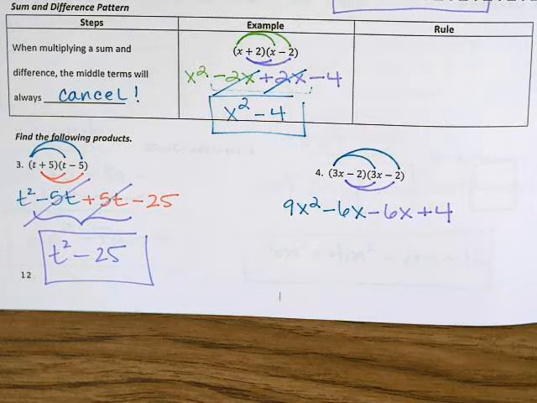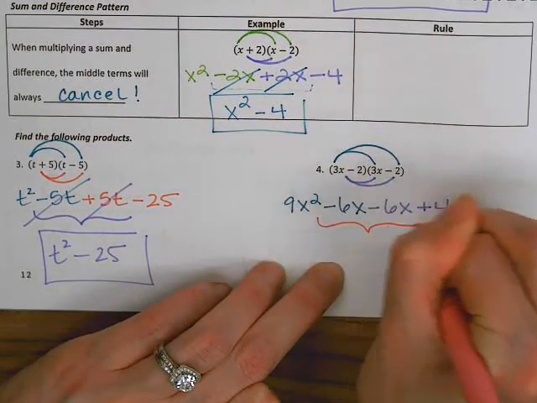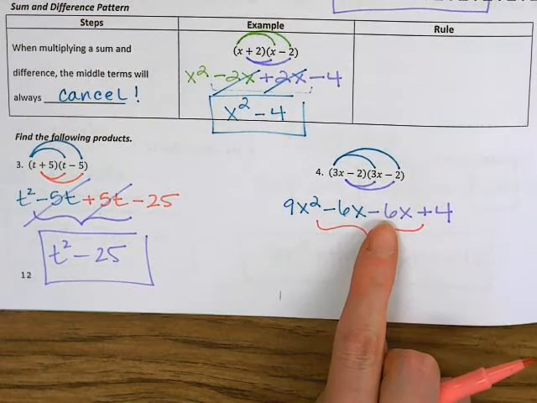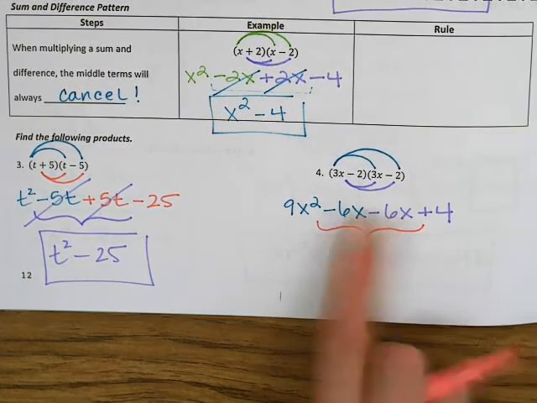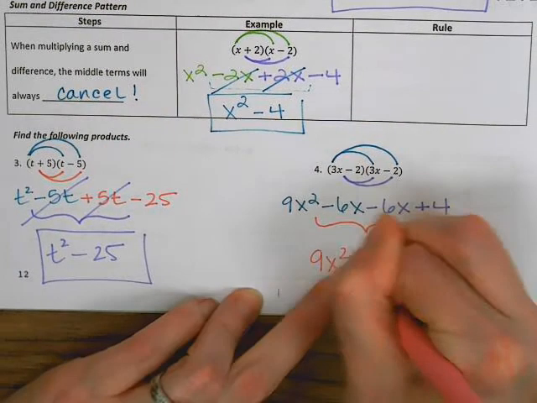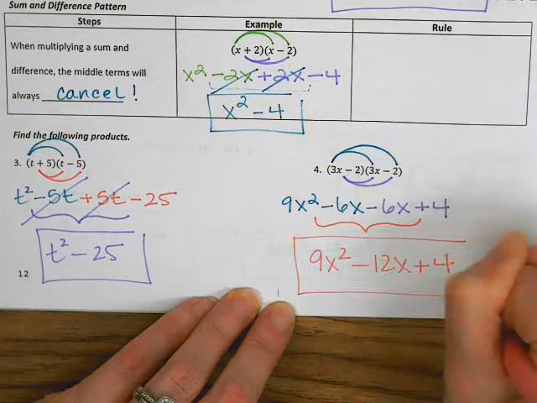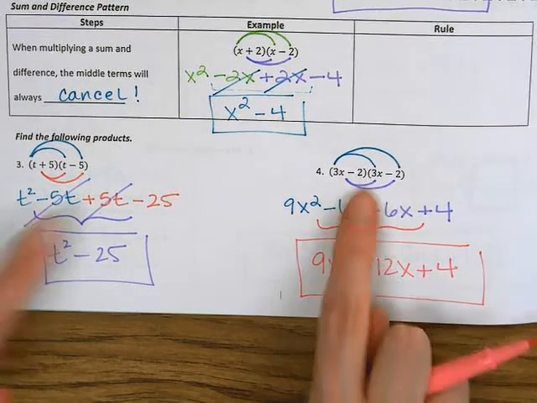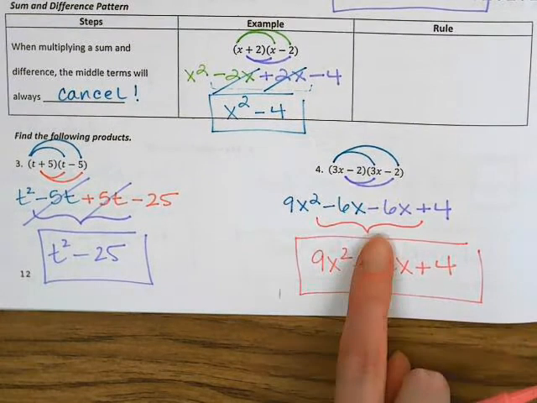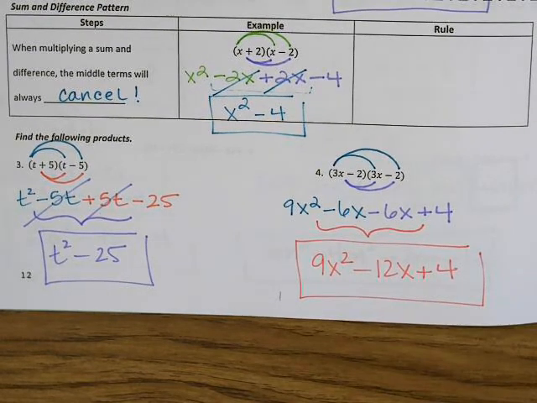I know you guys want to cancel them so bad, but look, they're not opposites. Negative 6x minus 6x is negative 12x. So this one is 9x squared minus 12x plus 4. I just wanted to show you guys, don't think they're always going to cancel. They have to be opposite of the same thing. All right, great job. That's it.